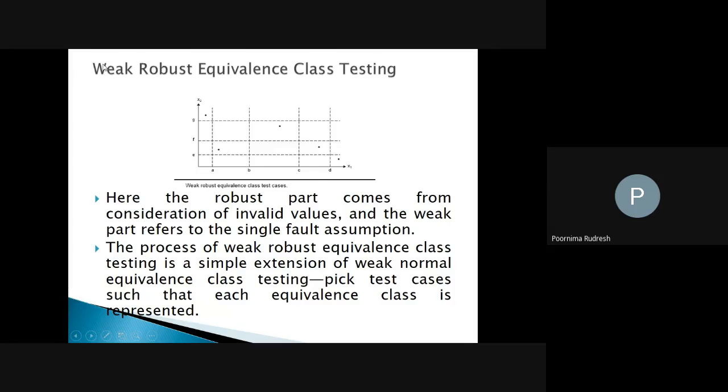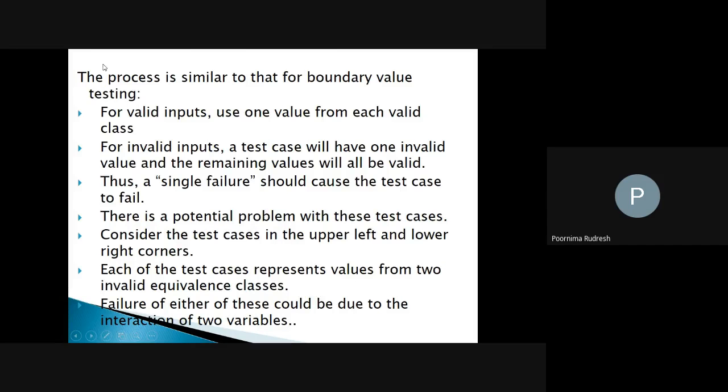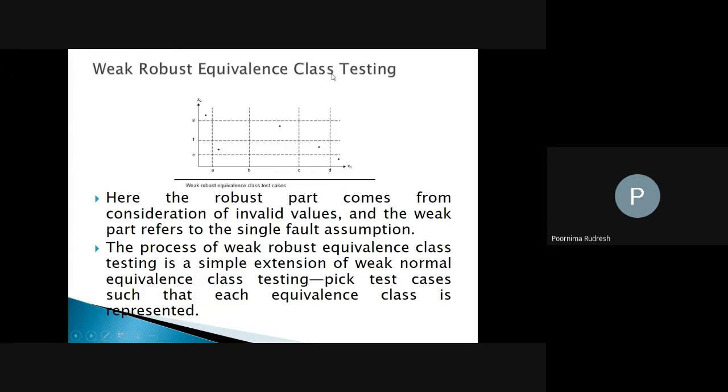If you consider these two, the problem arises because each of the test cases represents values from two invalid equivalence classes. See here, for these two we have two invalid equivalence classes. This is the invalid one, this is the invalid one. Two invalid equivalence test cases exist, and the remaining three are valid equivalence test cases.